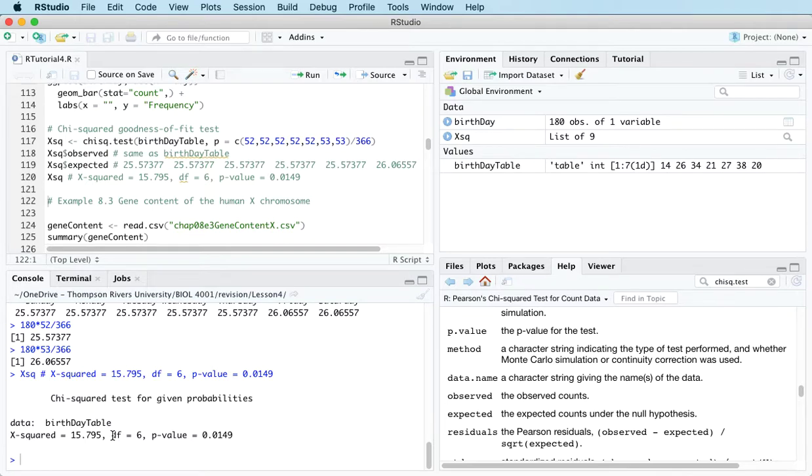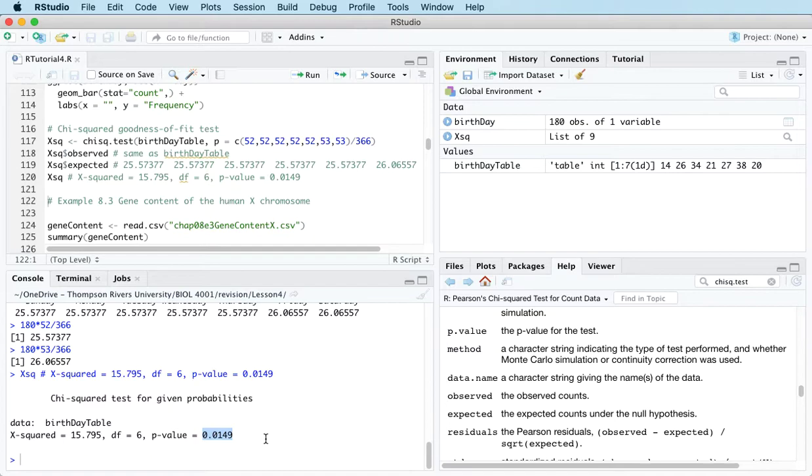It figures out the upper tail area for a chi-squared distribution with 6 degrees of freedom to the right of 15.795, and it does that calculation for us, so we don't have to worry about any other pieces of code, and it tells us that p-value comes to 0.0149. So that's step 3, and then step 4 is to make a decision and draw a conclusion.